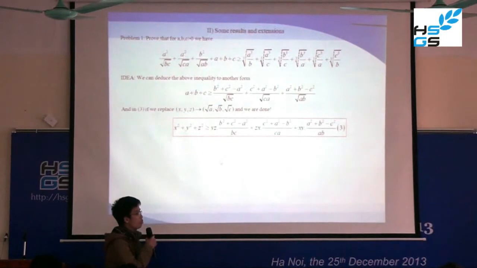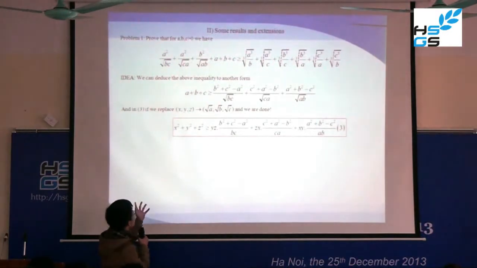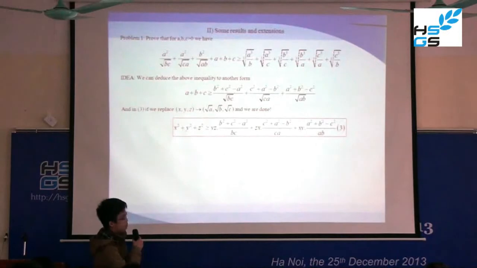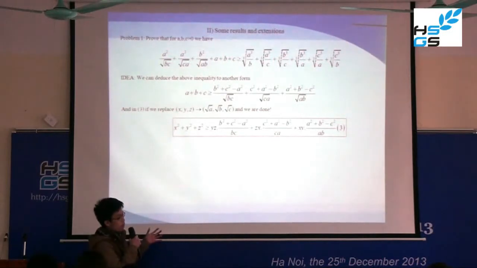Now let's move on to some results and extensions. The first is problem 1. Prove that for a, b, c greater than 0, we have the inequality. The idea is that we can reduce the above inequality to another form.